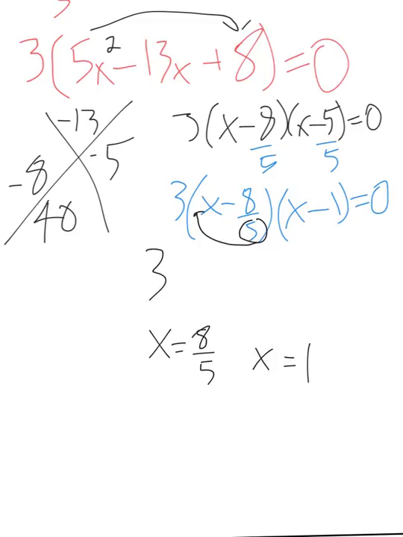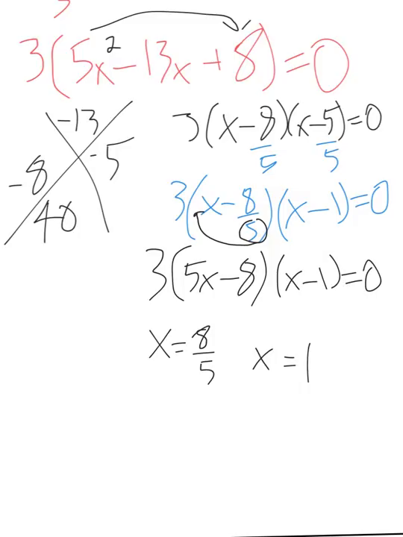So the final factored answer is 3 times 5x minus 8 times x minus 1 equals 0. Alright, so if you think of it like this, if you plug this in right there, 5 times 8 over 5 minus 8, that'll actually equal 0.